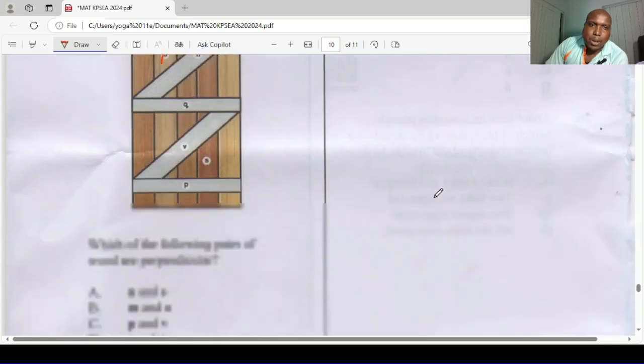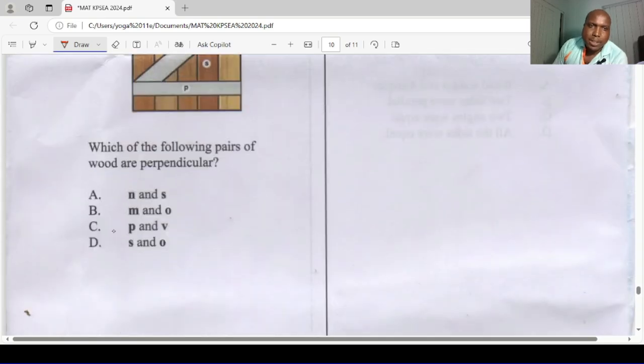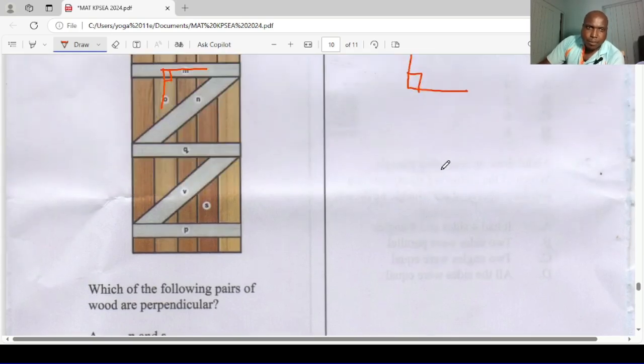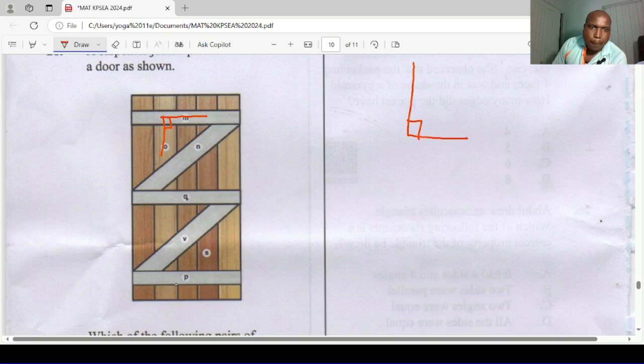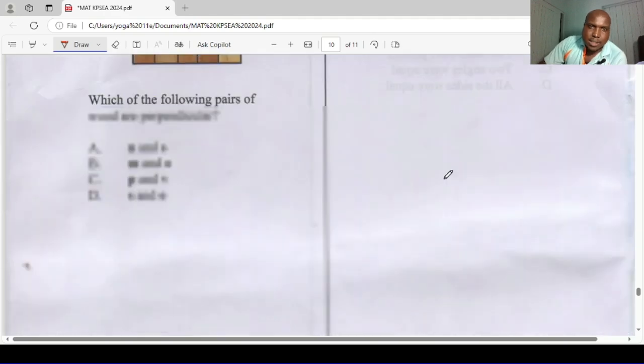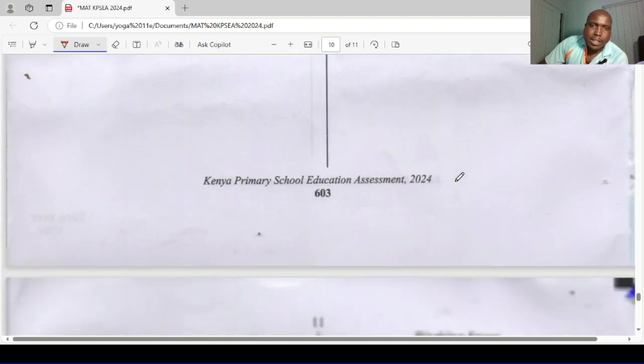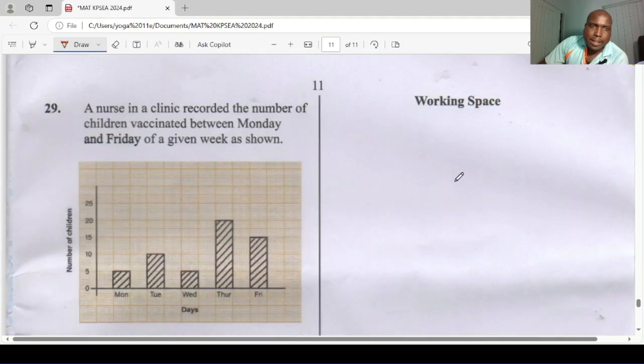So M and O are perpendicular. So P and Q, they are parallel. This and this, they are parallel. So next time you will be asked which ones are parallel. I have shown you those that are parallel.